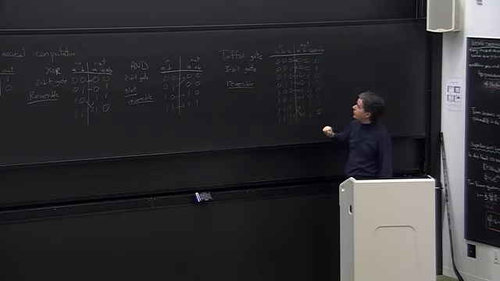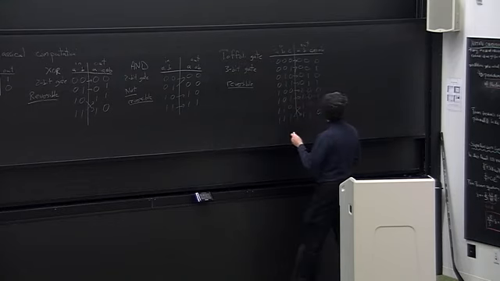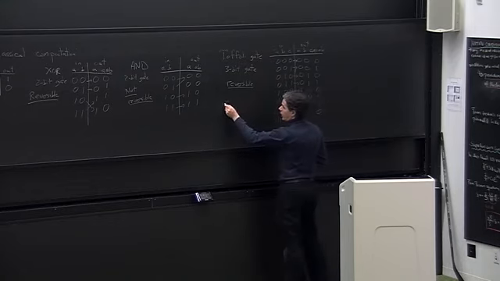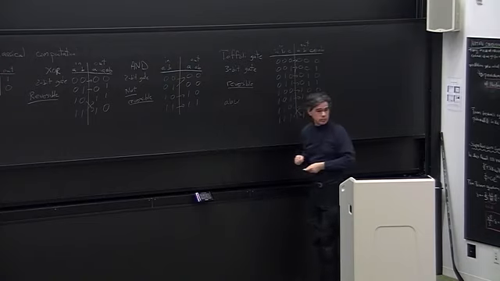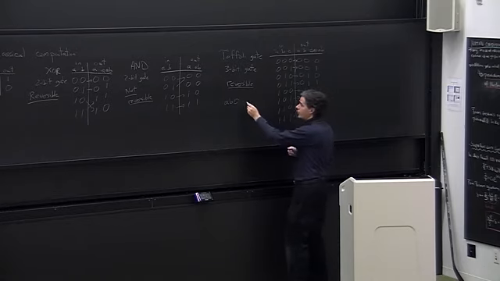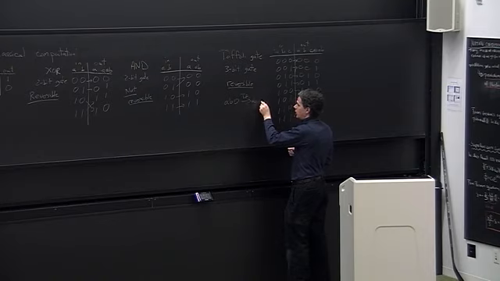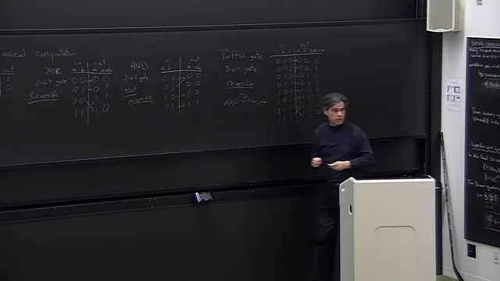So, for instance, if you start out with the state A, B, 0, so you have this third extra bit, and then you apply the Toffoli gate, then you get A, B, and then, let me put commas to make it clear, A, B, A times B.